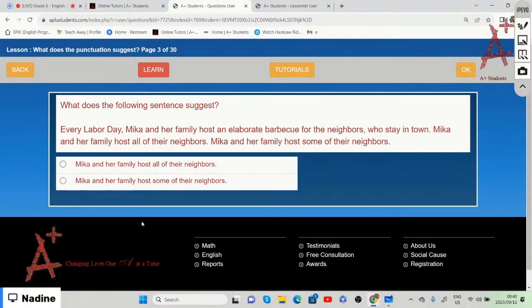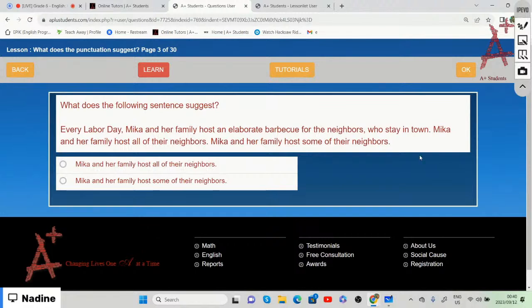Remember, whenever somebody hosts a barbecue, only some of the neighbors are invited, right? Not even invited, let's say they basically come, because not everybody is keen on being invited to a barbecue.